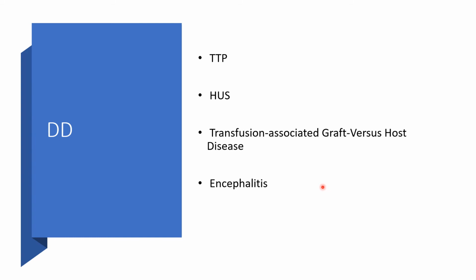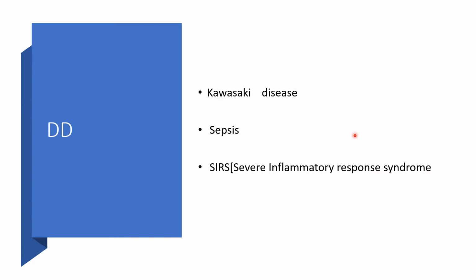Now, the differential diagnosis. So, if it is not HLH, what else could it be? It might be thrombotic thrombocytopenic purpura, or hemolytic uremic syndrome, or transfusion-associated graft versus host disease, encephalitis, Kawasaki disease, or just sepsis, or systemic inflammatory response syndrome.